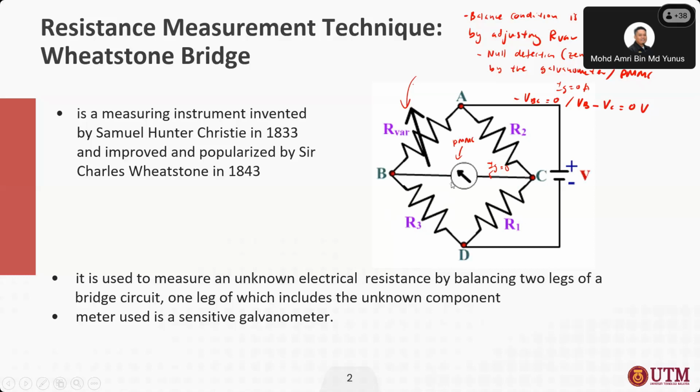So the point is that we adjust the variable resistor, and the other resistors are fixed resistors. R2, R3, and R1 are fixed resistors, and one of them may be the unknown value.